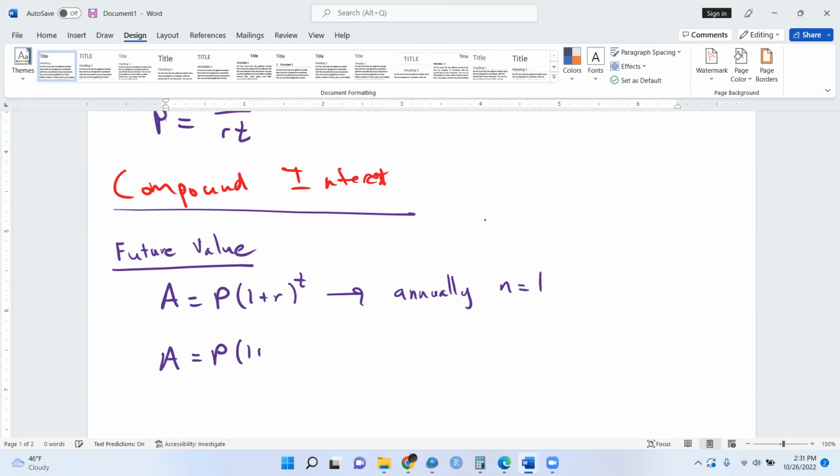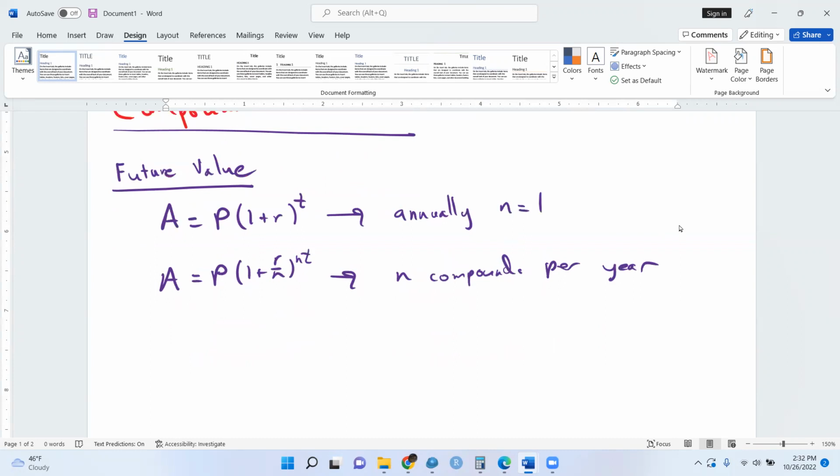It's just now n is not equal to 1. So this is n compounds per year. And then the third one is totally different than those 2. It's the compounded continuously.